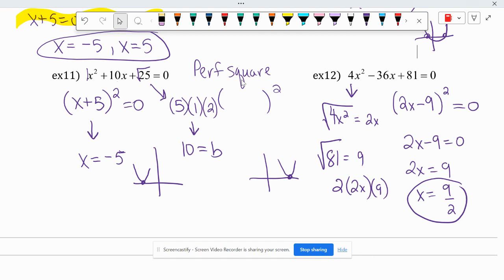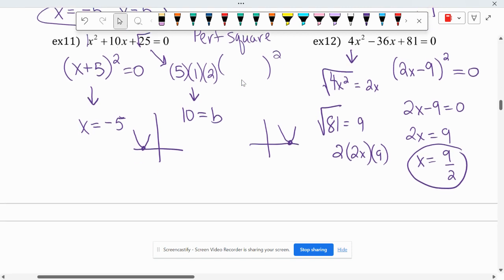Factor by grouping. Number 3, if there are 2 terms, check and see if I can use the difference of squares. And if it's 3 terms, a trinomial, are they perfect square trinomials, or do I have to use the A times C method? That's a lot to remember.